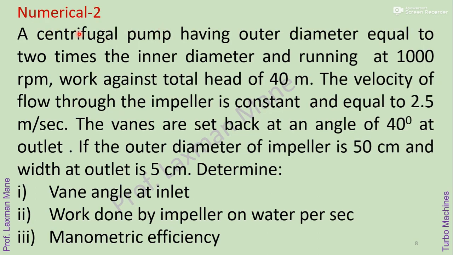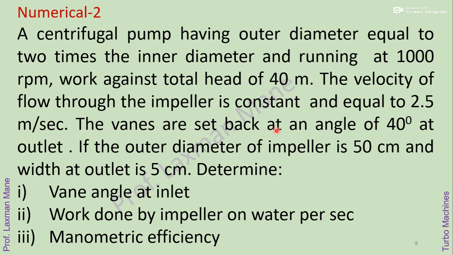Next numerical: a centrifugal pump having outer diameter equal to 2 times the inner diameter, running at 1000 rpm, works against a total head of 40 meter. The velocity of flow through the impeller is constant and equal to 2.5 meter per second.